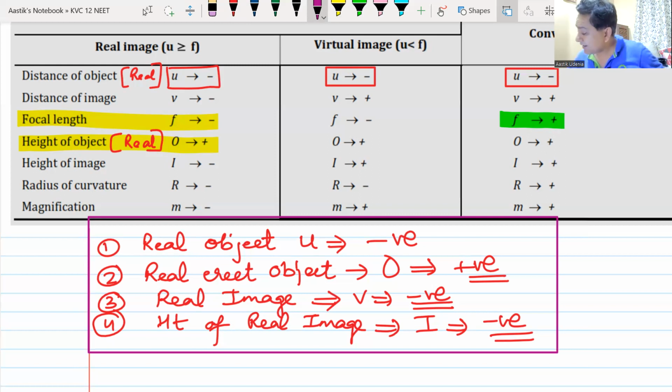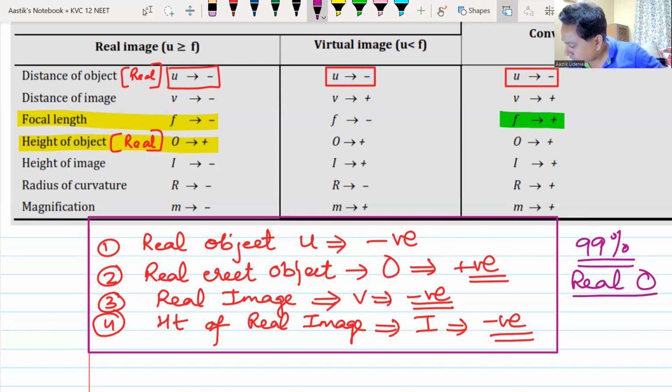And remember, 99% of the questions that you are going to get will be on real objects. Only 1% of the questions will be on virtual objects. Now, someone asked me, sir, give me an example of a virtual object.